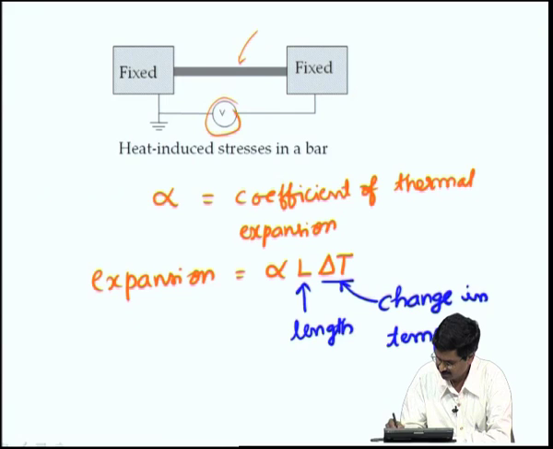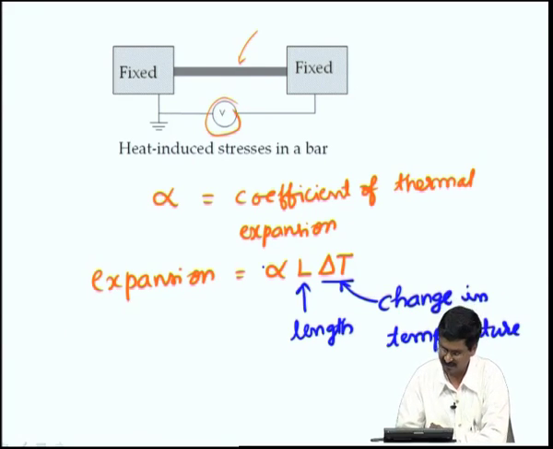Alpha of course is coefficient of thermal expansion. All materials have certain alpha. Some have low thermal expansion, others have very high thermal expansion coefficient.